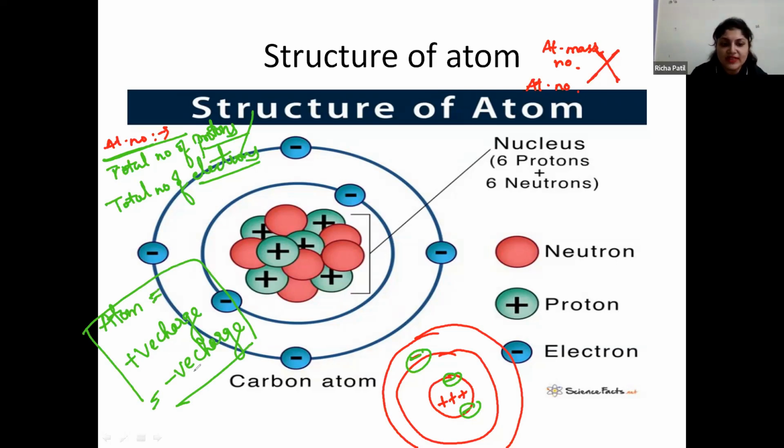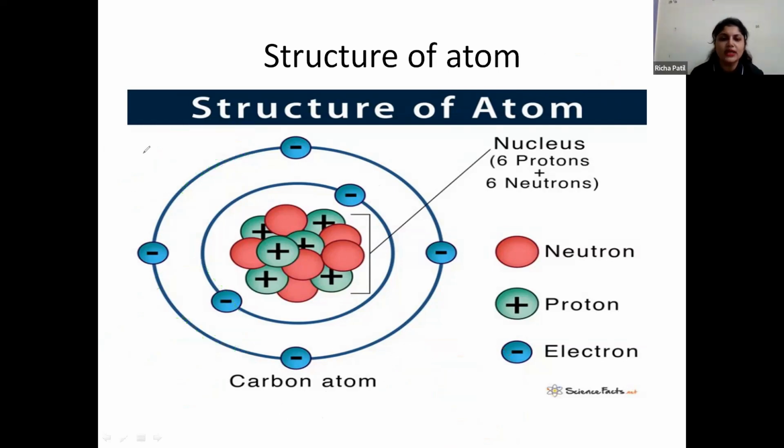If the number of positive charges is not equal to the number of negative charges, that means it is in ion form. Whenever you are representing an element, in an atom, positive charge will be equal to negative charge. If not, it is in the form of an ion. Next we'll see.